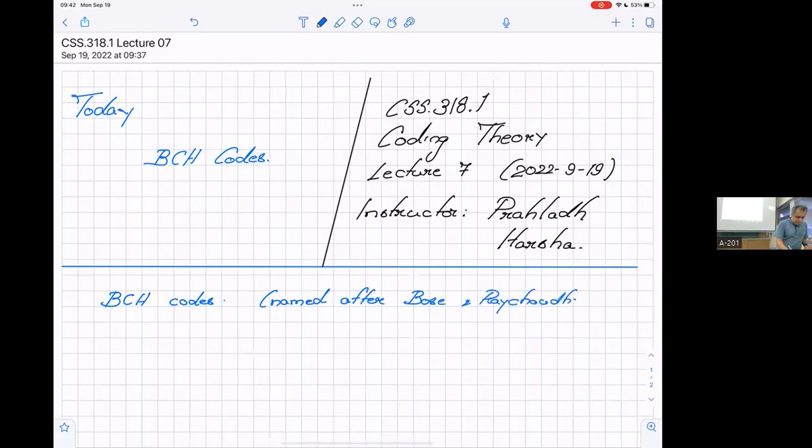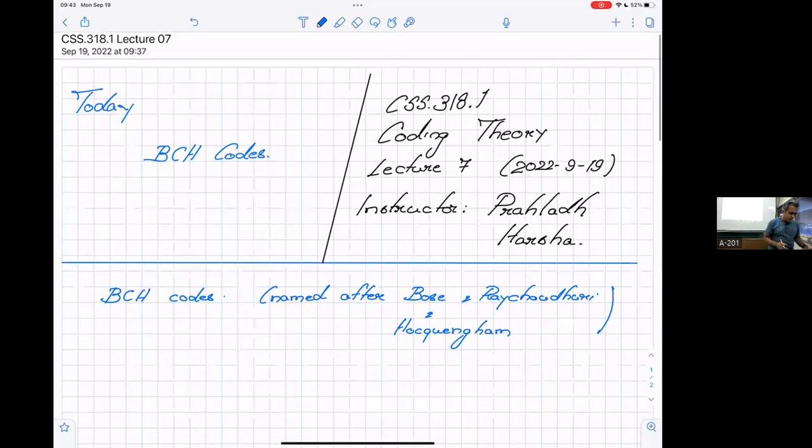Ray-Chaudhuri writes this as RHYCH, so I think they picked up the C from Ray-Chaudhuri, and independent work by Hocquenghem, I don't know how to pronounce this. So the code discovered by these two sets of papers is named after them. And they're actually quite amazing codes.